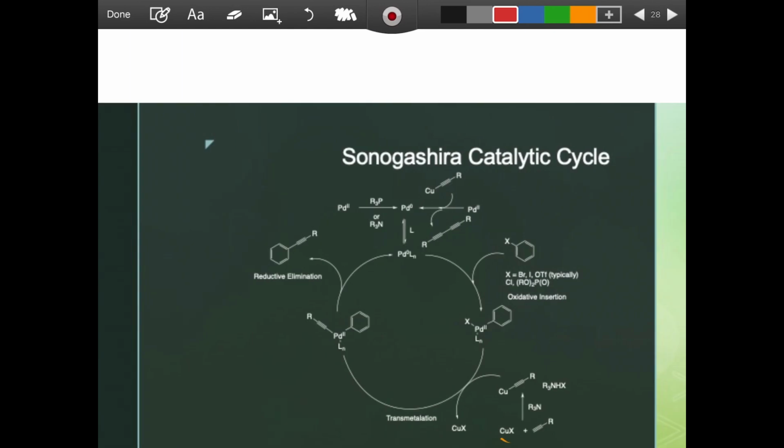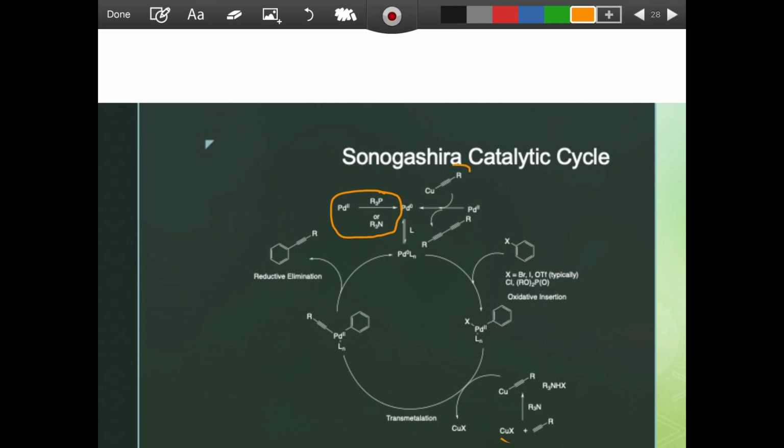So if we go back here, we look at the mechanism. There are two different ways that we can make the palladium 0 if you start with palladium 2. One is the way that we've seen before, where your palladium 2 reacts with either your phosphine ligand or your amine, and it will reduce it to palladium 0.